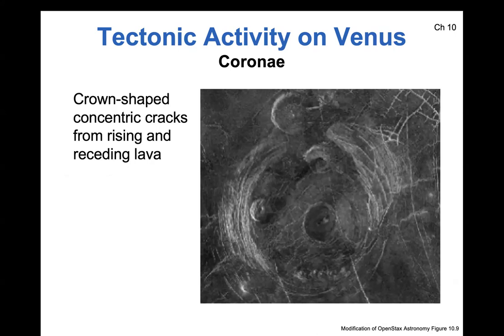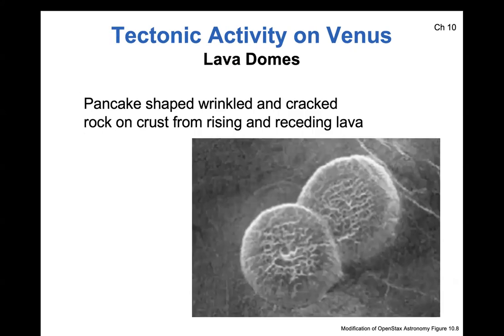They're just like bubbles. They're crown-shaped concentric cracks from rising and receding lava. So it's just like lava bubbled up from underneath the surface. It didn't make a volcano where there was a magma chamber and a particular release point, but just kind of pushed up through the surface.